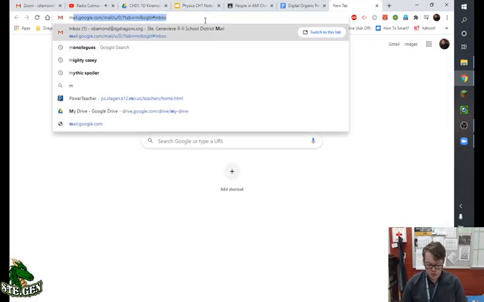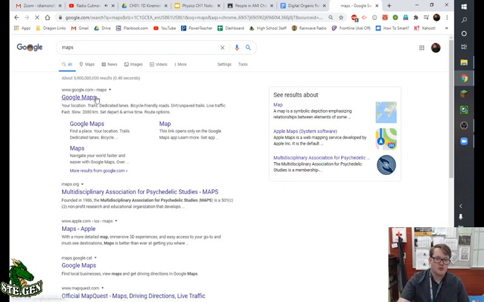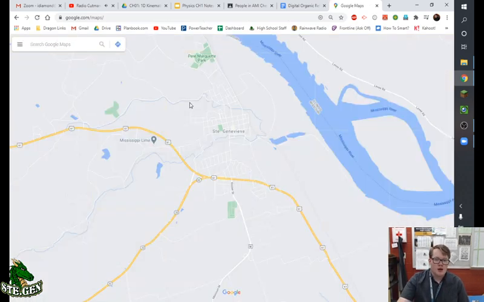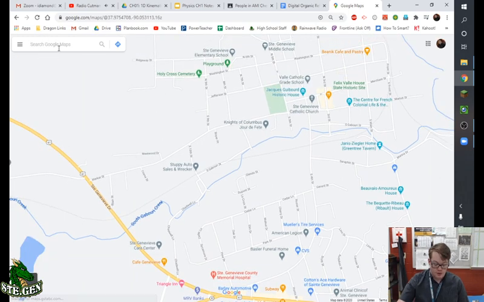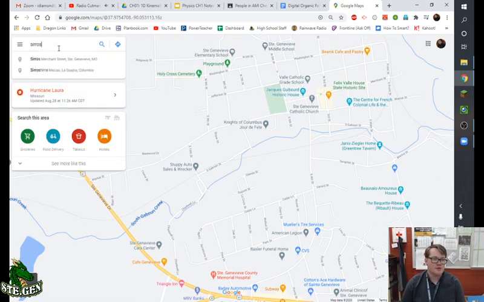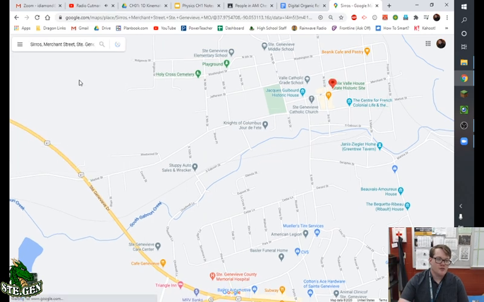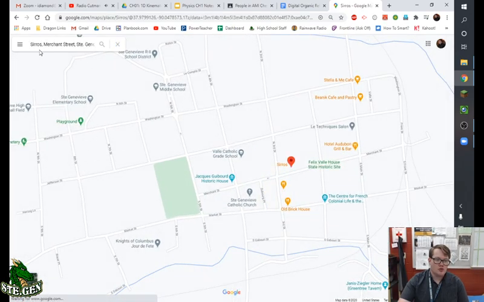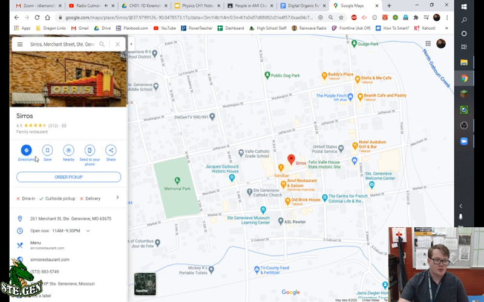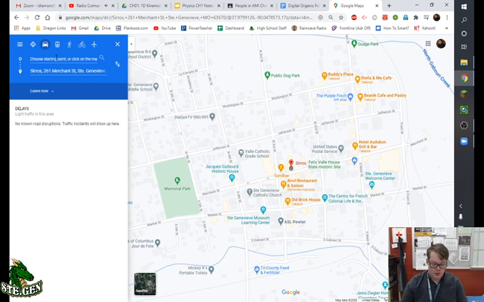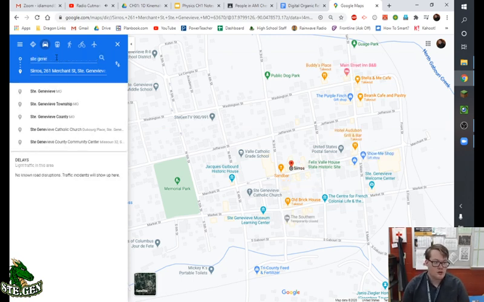So we're going to go to Google Maps. Let's say that I wanted to know how to go from Ciros in St. Genevieve to, let's see, we're going to do directions from Ciros, and we'll start at St. Gen High School.